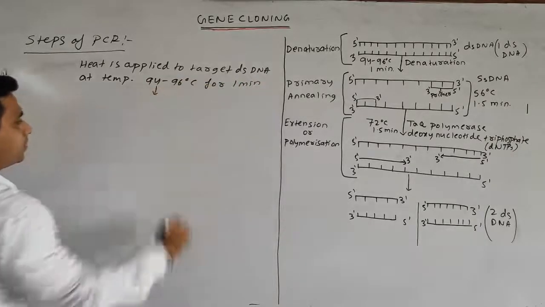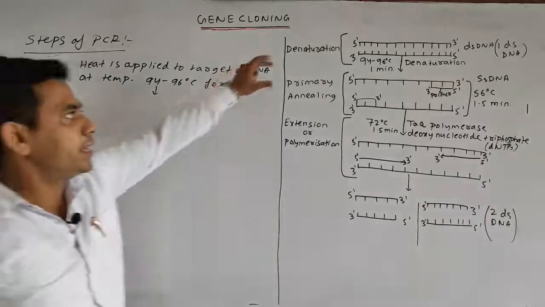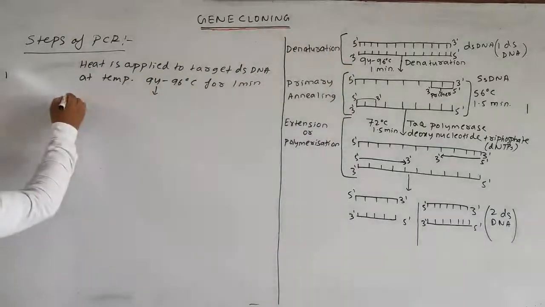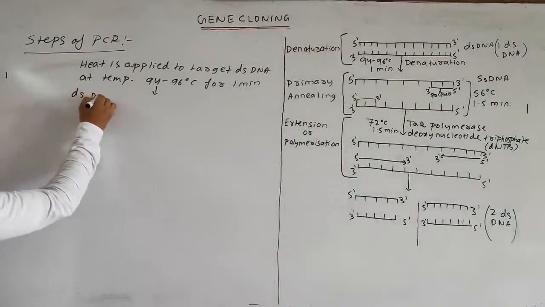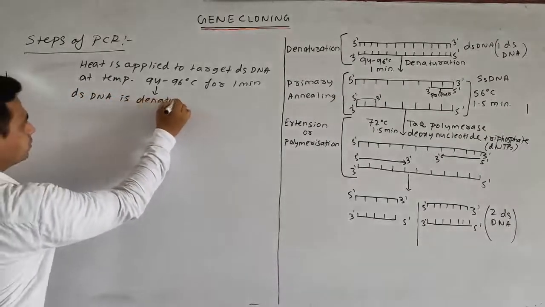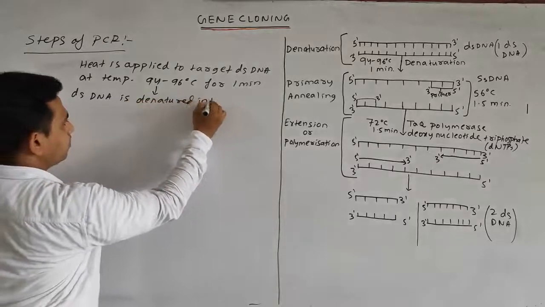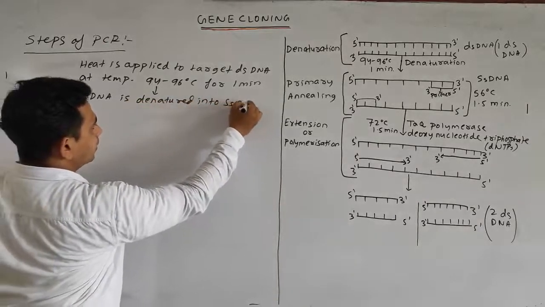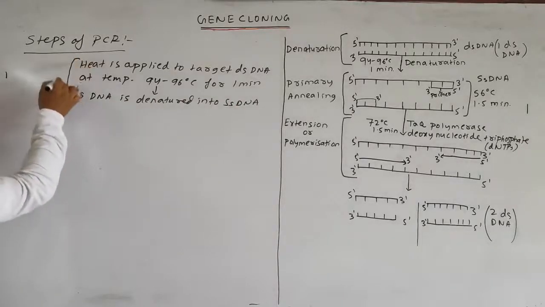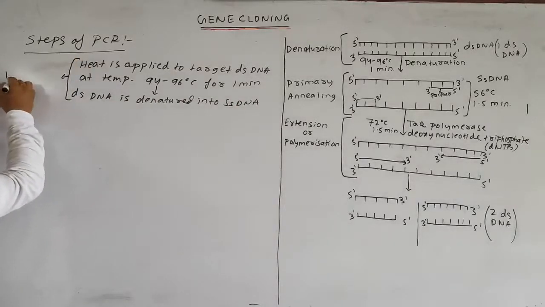Then the double stranded DNA is denatured into single stranded DNA. Simple. This much is nothing but denaturation.